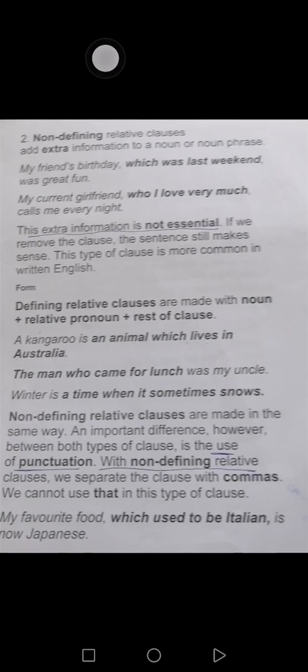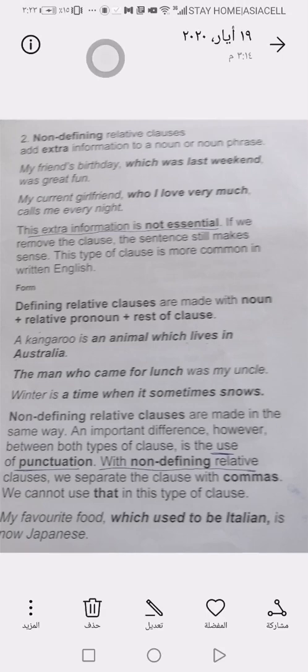How to make a sentence and use relative pronouns. That will be noun plus relative pronoun plus the rest of the clause. Okay?